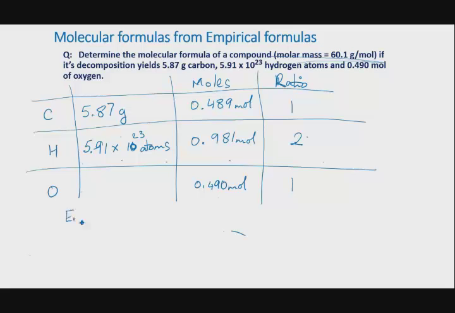That means that the empirical formula for this compound is CH2O, and the value of N therefore will be the molar mass that is given as 60.1 grams per mole divided by the empirical molar mass.